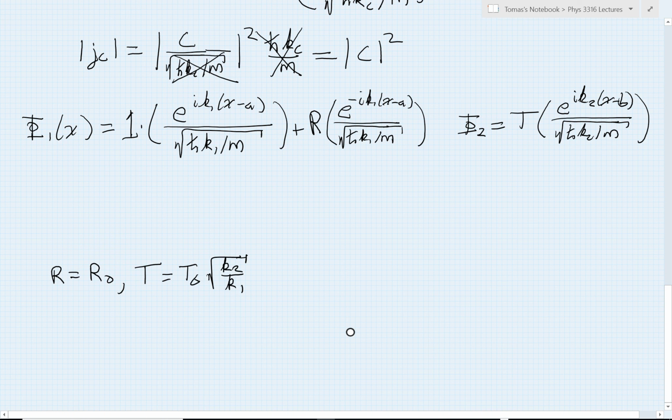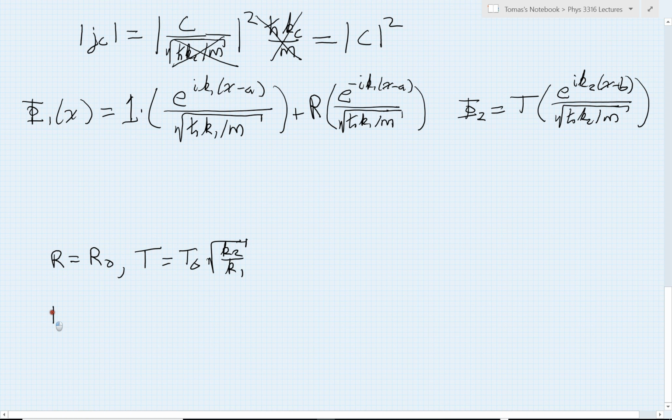The motivation for finding these new coefficients is that now the probabilities are more straightforward to compute. The reflection probability, for example, is the reflected probability current over the incoming probability current. Because I have this new normalization here, that current density is just the magnitude of r squared.